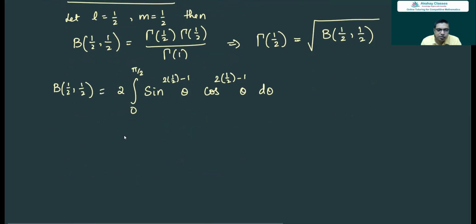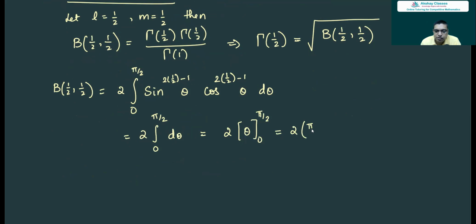So sine power 0, cos power 0, you will get twice of integral 0 to pi by 2 d theta. Integrating 1 with respect to theta gives theta. So you'll get 2 times pi by 2 minus 0, which is pi. So beta half comma half is pi.